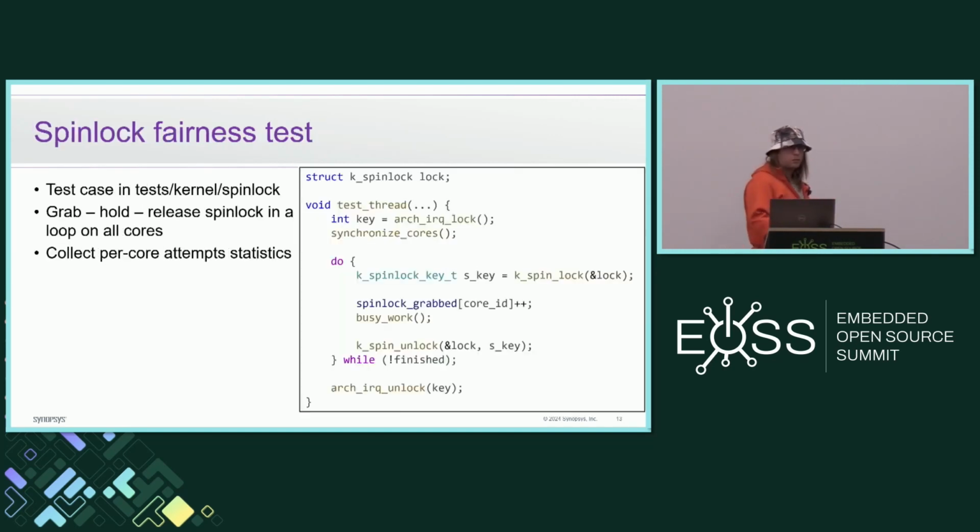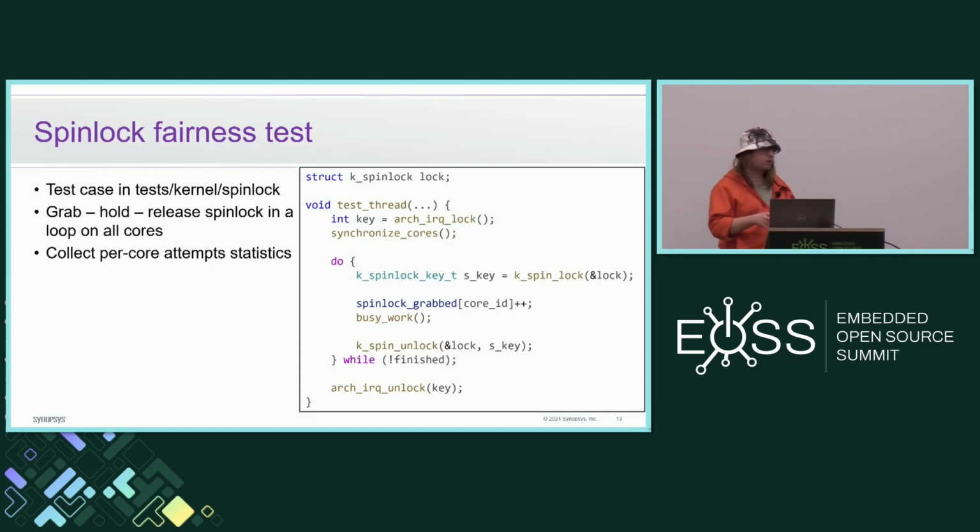That's why it would be nice to have a test to reproduce it in a stable way. And now we have such a test in the Zephyr test suite. It's an additional test case in the kernel spinlock test. So how is this test done? We just have one spinlock. We grab it, hold it for some time, and release it. And we do it in a loop on all available cores.